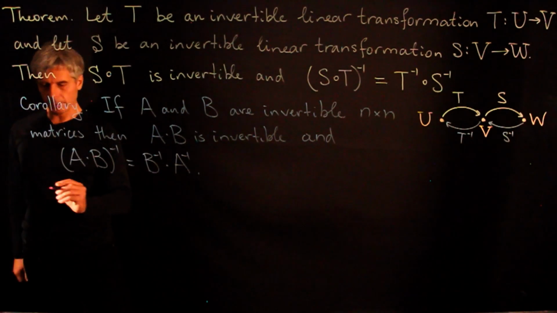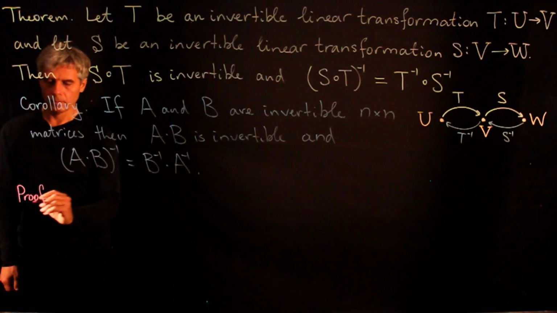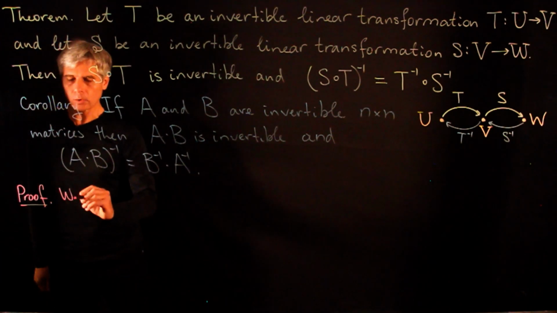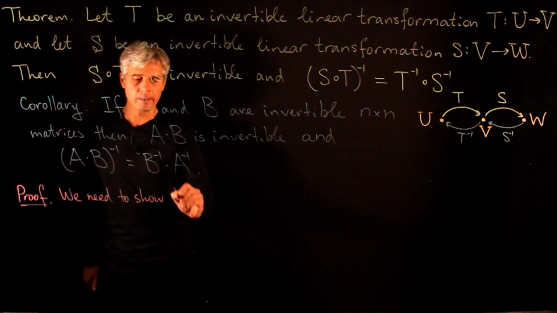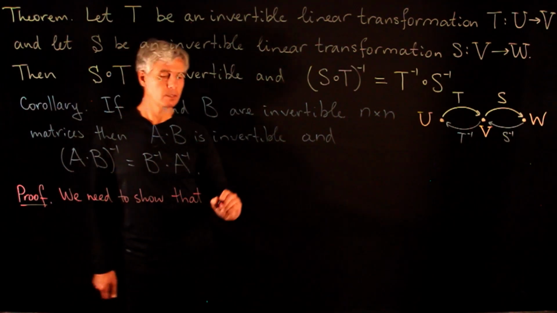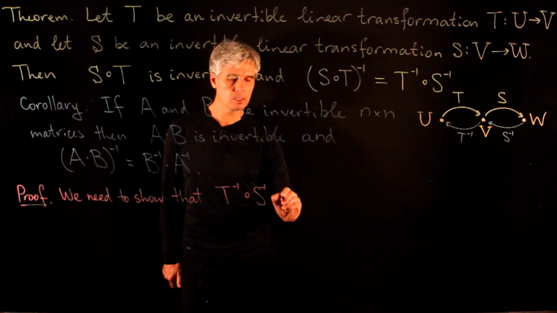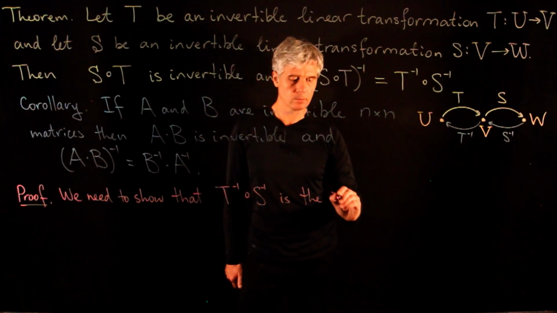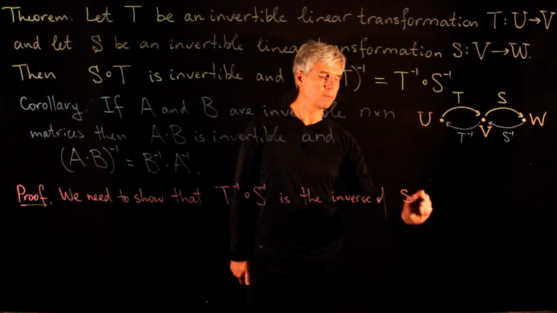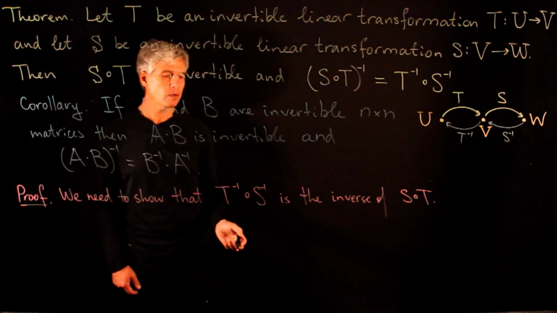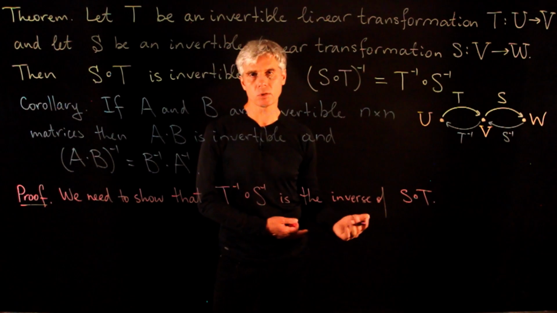Now let us give the proof of this theorem. So we need to show that T inverse composed with S inverse is the inverse of S composed with T. Now, how do we check that something is an inverse of another transformation?